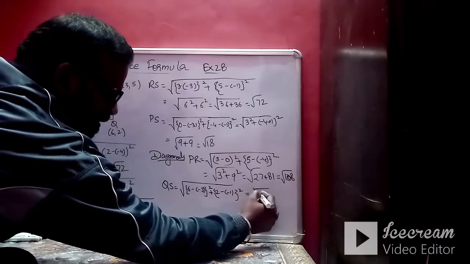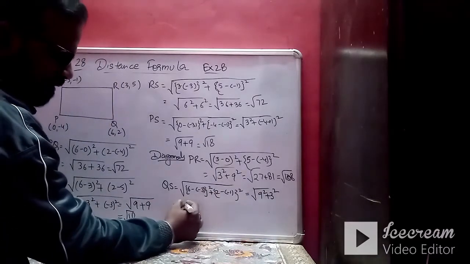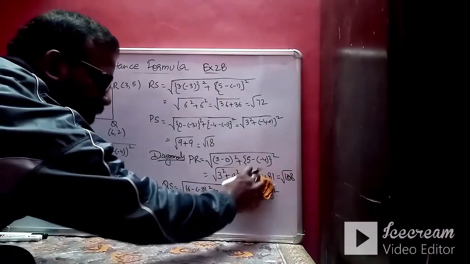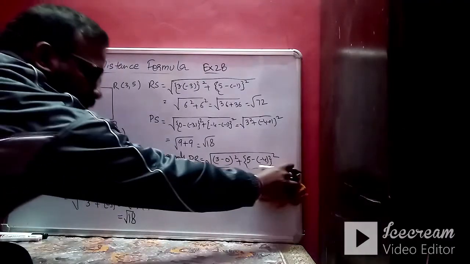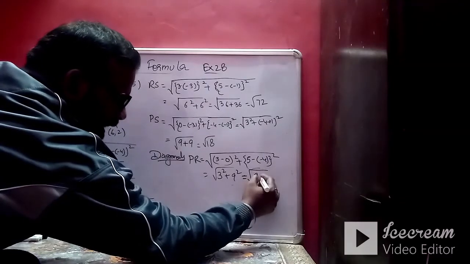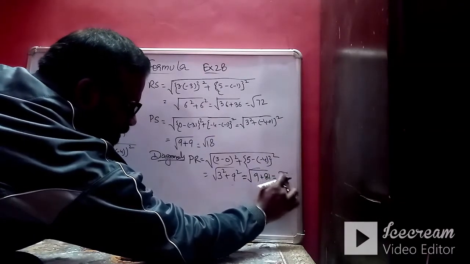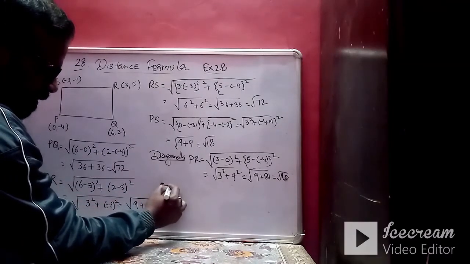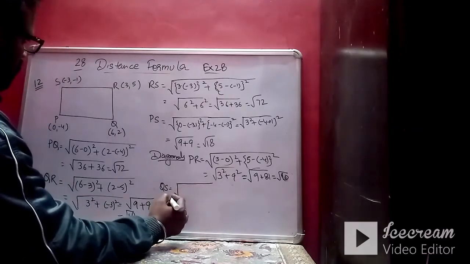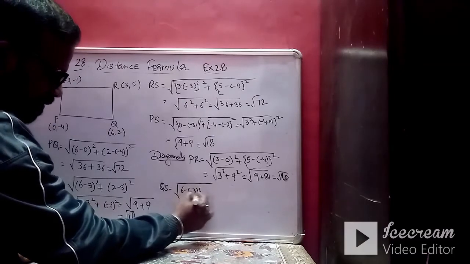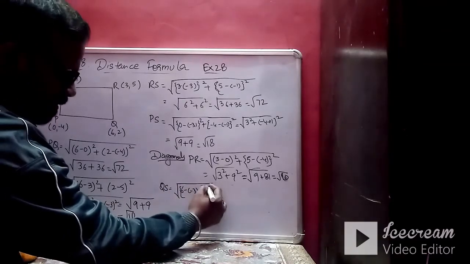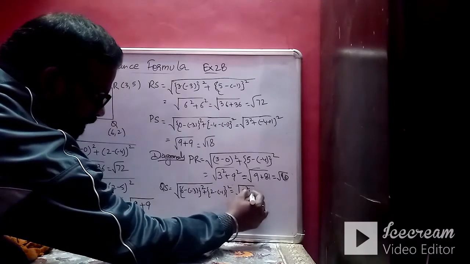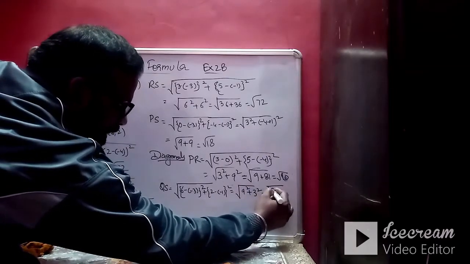So again it will be how much? 9 square plus 3 square, that is 81 plus 9.